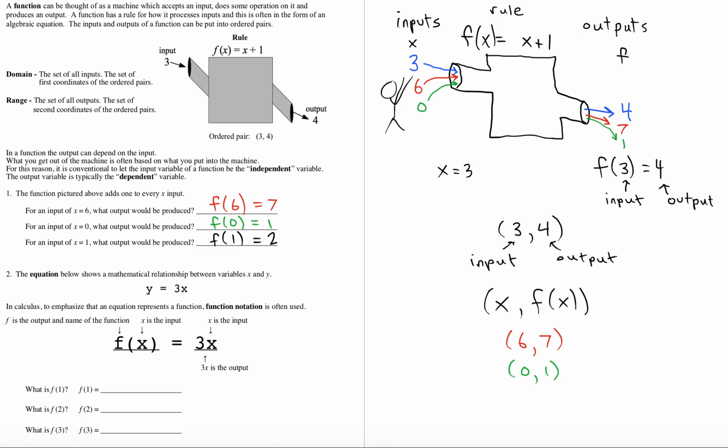The equation below, y equals 3x, describes a mathematical relationship between the variables x and y. Now in calculus, to emphasize that an equation represents a function, we can use function notation, and that's what we used in the previous example of f of x equals x plus 1.